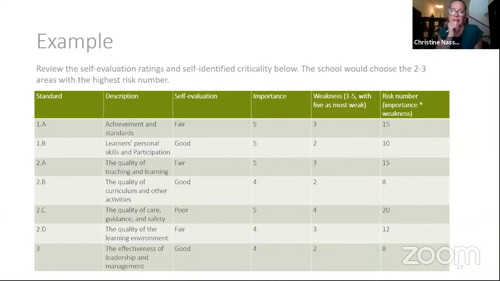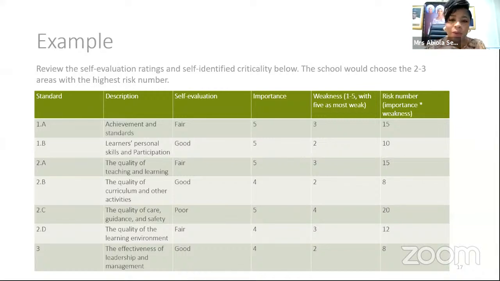Okay, we'll wait. This is quite interesting because I would like to see the relationship between the risk number and the self-evaluation. Someone said that 2C needs to be... I can't click on the person's name.